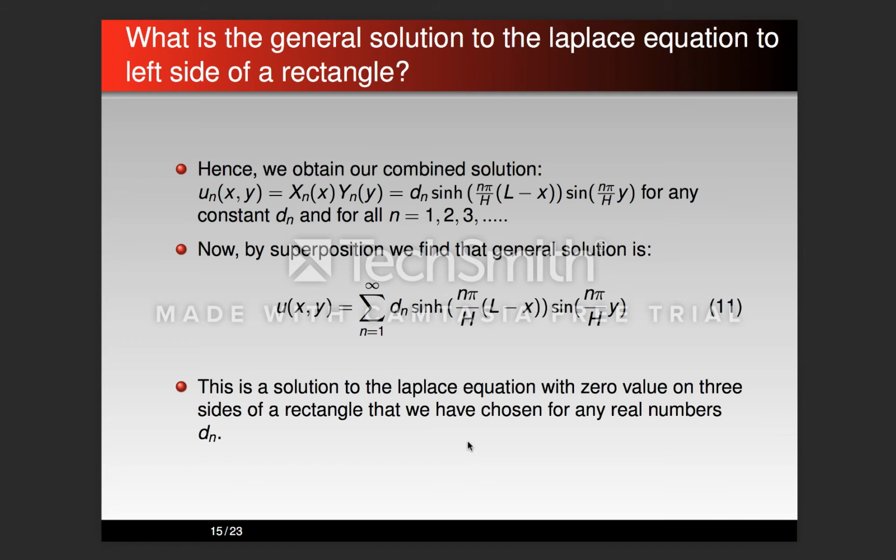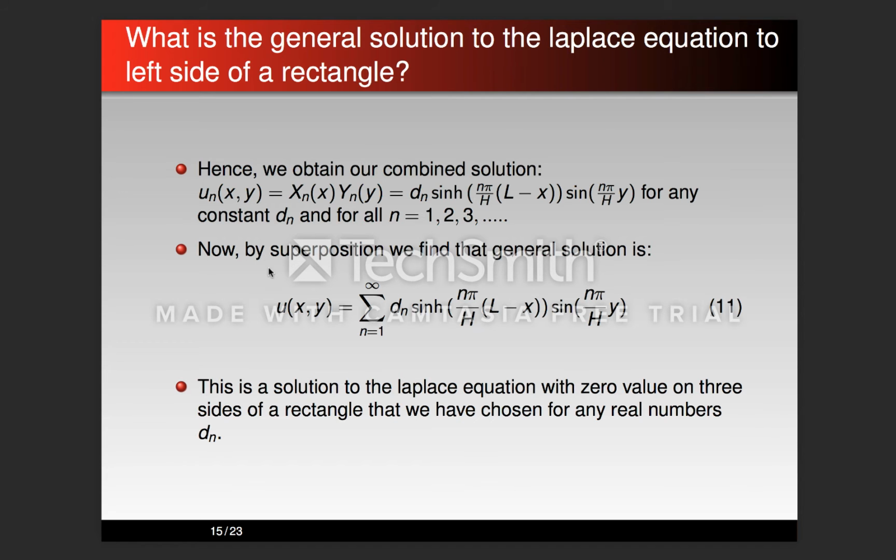So now we find our general solution by combining the x of x and y of y solutions, where it is equal to d n sinh n pi by h (L minus x) times sine n pi by h y for any constant d n where n goes from 1 to infinity.